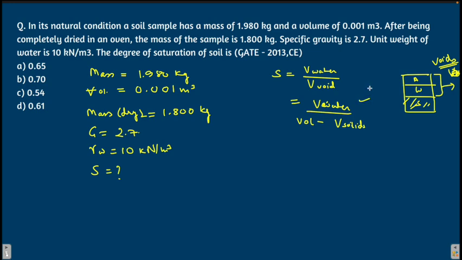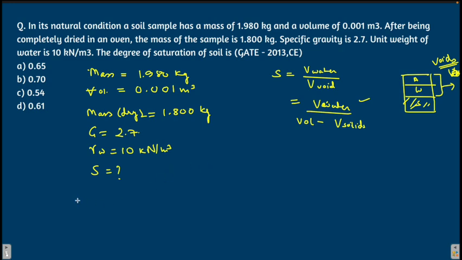We'll use the basic concept. See here, initial mass was given over here. Initial mass was 1.980 kg and the mass of the dry soil without water was 1.8 kg. That means, can we find out how much water was present in the soil? Of course we can. How?